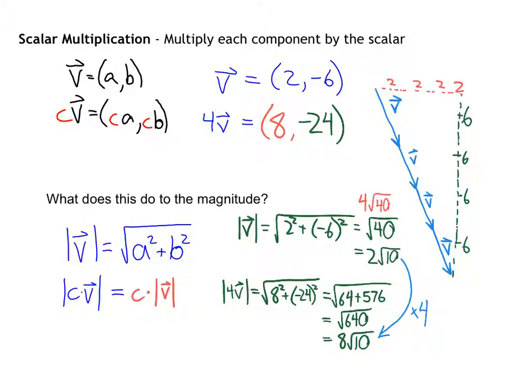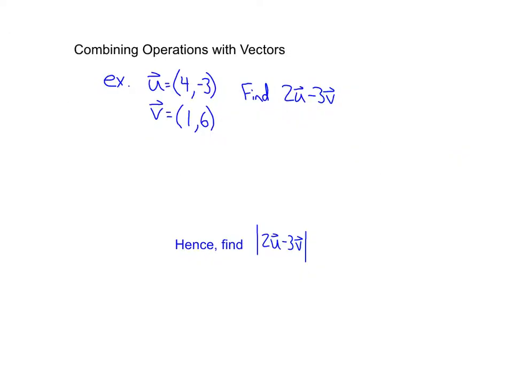You could multiply it that way, but you should simplify your radicals. So that's how we deal with scalar multiplication, and that's what happens with our magnitude when we do scalar multiplication.